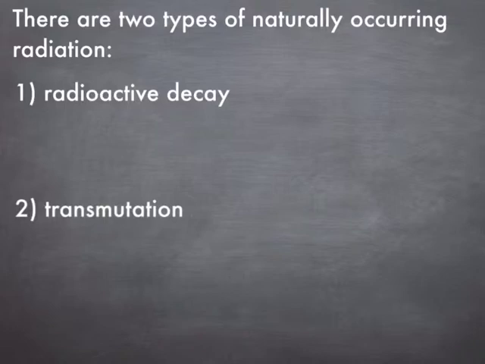Nuclear transmutation is the result of the bombardment of a nucleus by particles like neutrons, protons, or other nuclei. This results in a change in the original nucleus. Both of these reactions occur naturally in the environment.